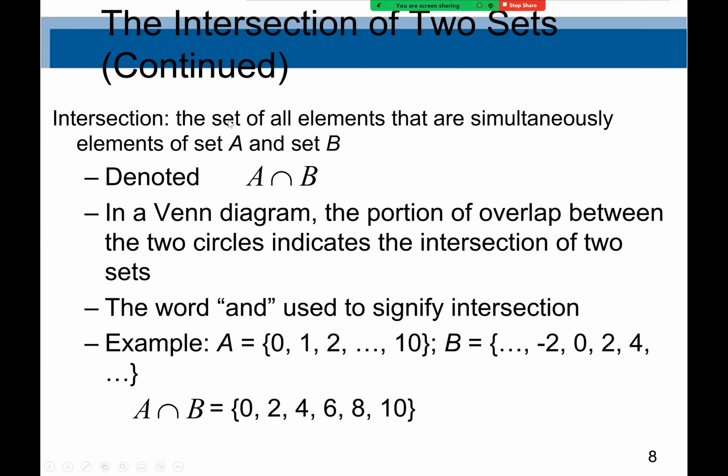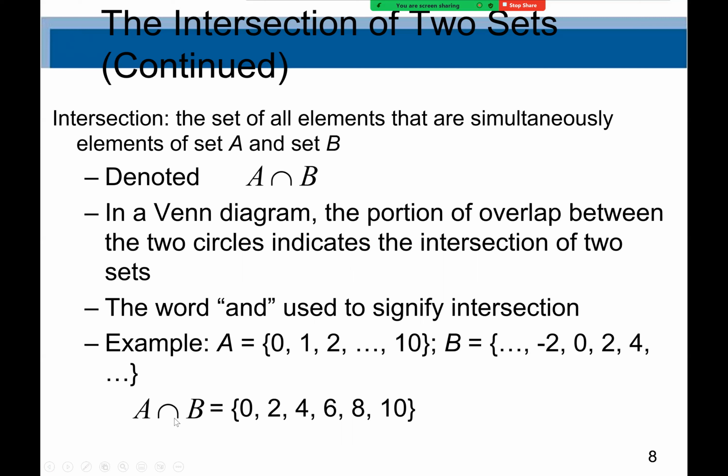Now, intersection again is the set of all elements that are simultaneously elements of set A and B. So let's see an example here. Here we have set A, and set A has 0, 1, 2, 3, 4 up to 10. The dots here mean we continue 1, 2, 3, 4 up to 10. Then set B is negative values up to -2, 0, 2, 4, and to infinity.